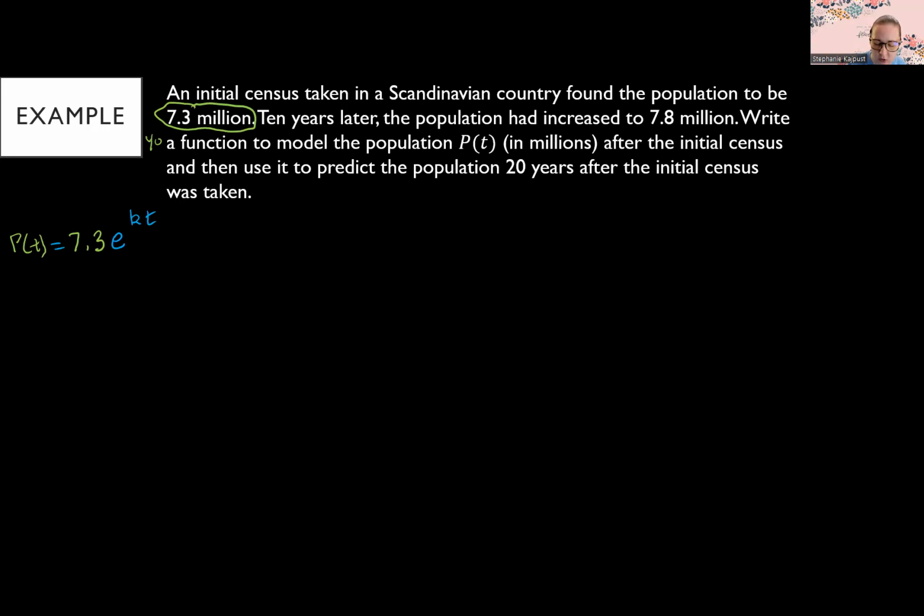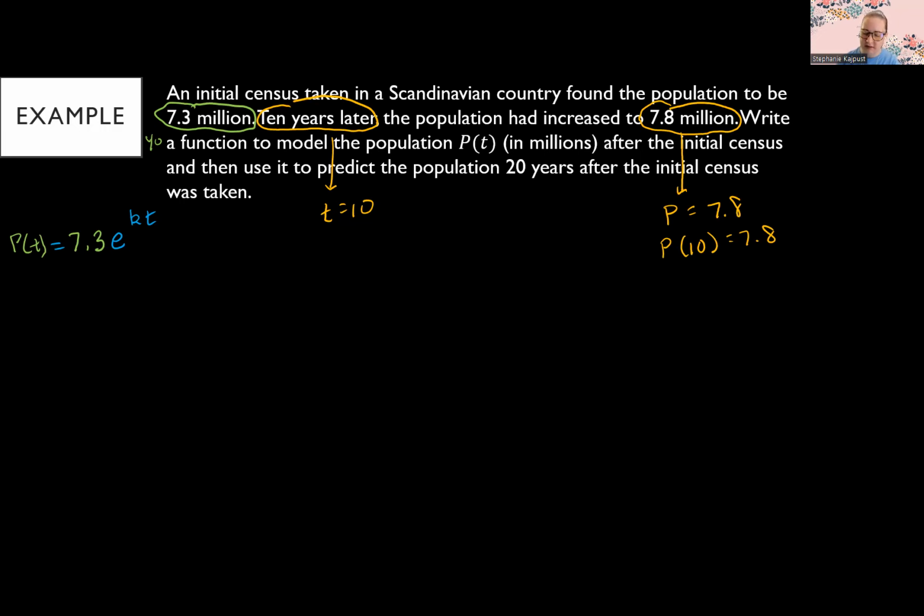And that's where we're going to use the information they give us about 10 years later. So 10 years later means that t is going to be 10. And 7.8 million is 10 years later, so that's going to be P. So that's 7.8. And in function notation, that's P of 10 being 7.8 because t is equal to 10.